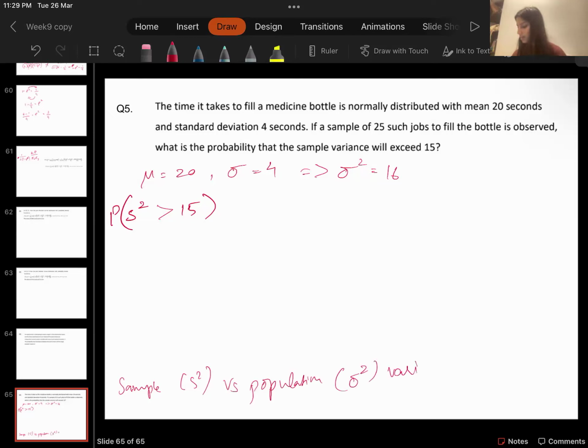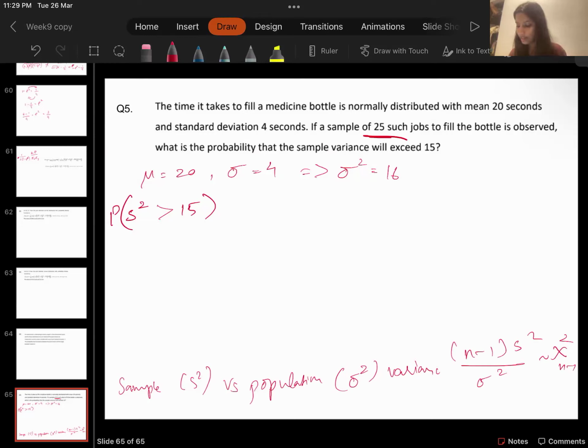That was related by a formula: n minus 1 times S square by sigma square follows a chi-square distribution with n minus 1 degrees of freedom. You need to apply this here because you are sampling 25, so n becomes 25.